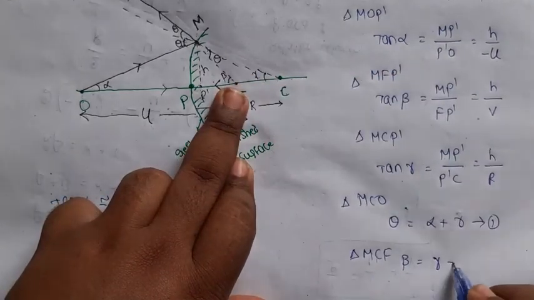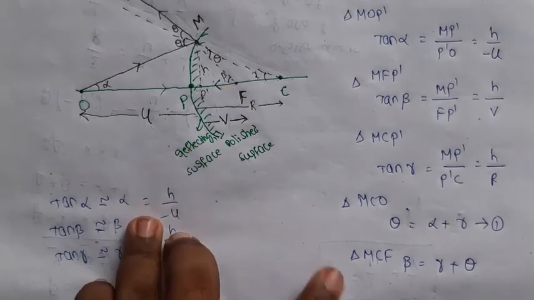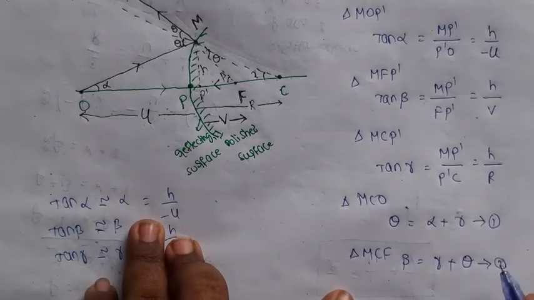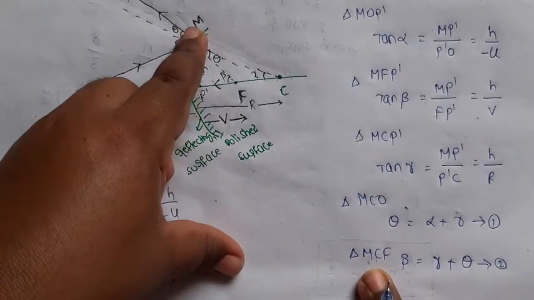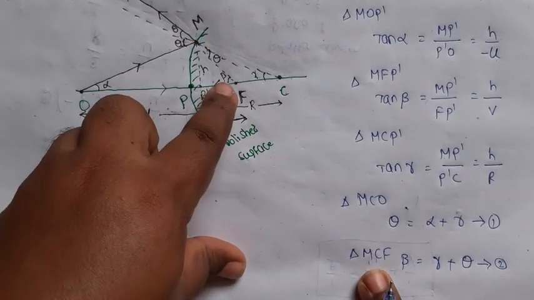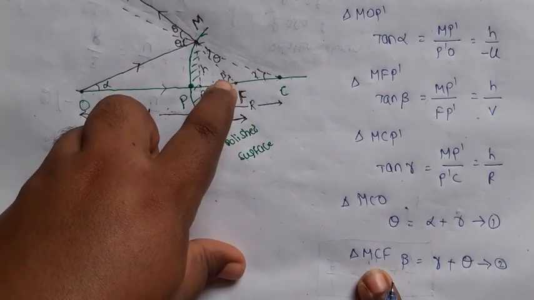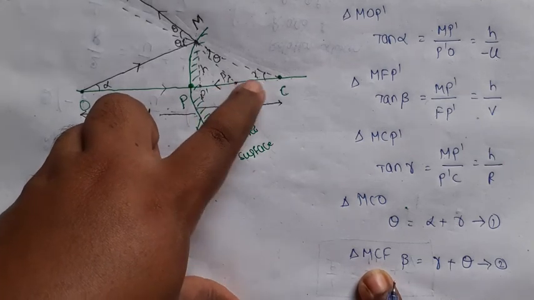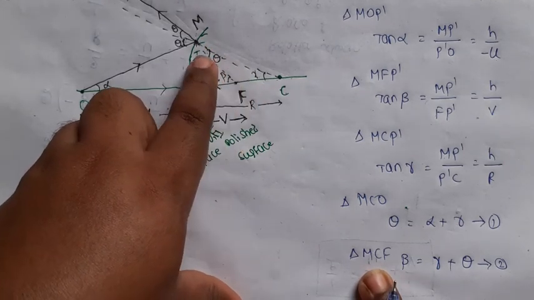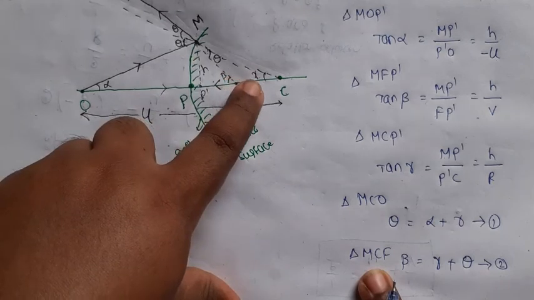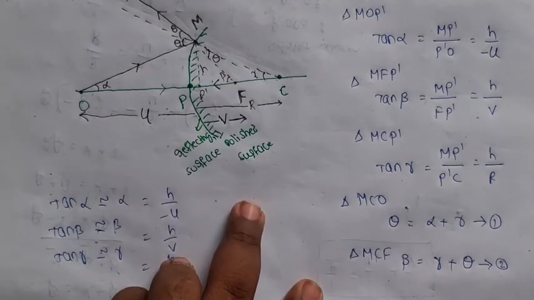So beta equals theta plus gamma. That is the second equation.